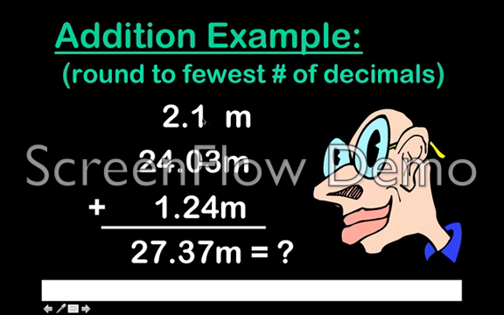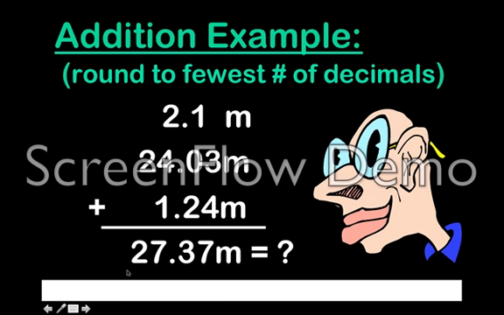So what I have to do this time is look at how many decimal places there are. 2.1 is in the tenths place, so that's only one decimal place. 24.03 is 2 decimal places, and 1.24 is 2 decimal places. So between 1, 2, and 2, 1 is the fewest.